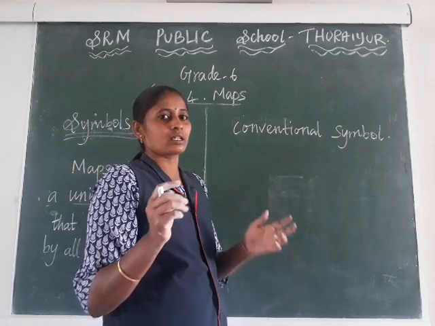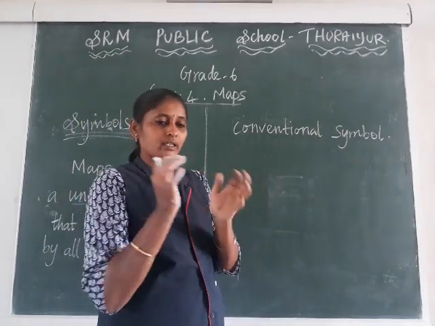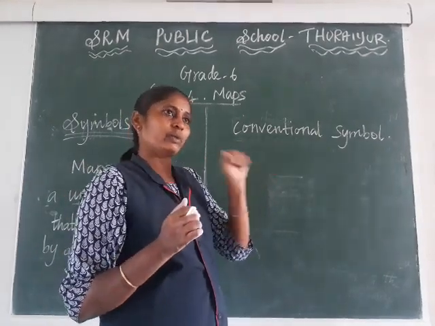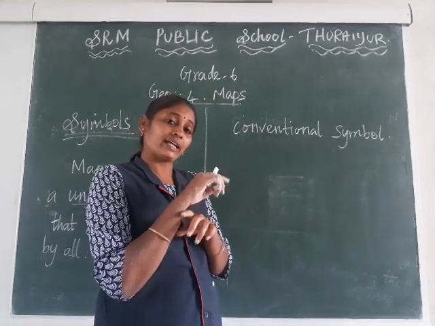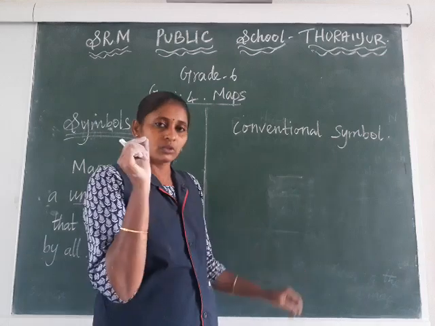Suppose we have a pond or a lake in a place that we are going to mark. We can't draw it at its exact size on the map.